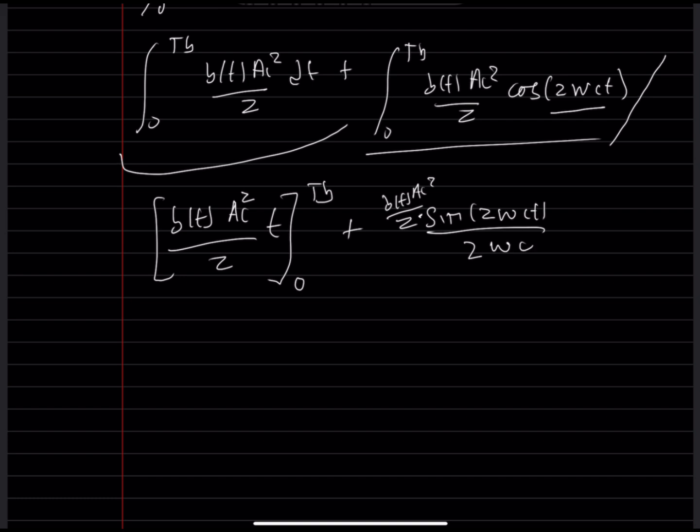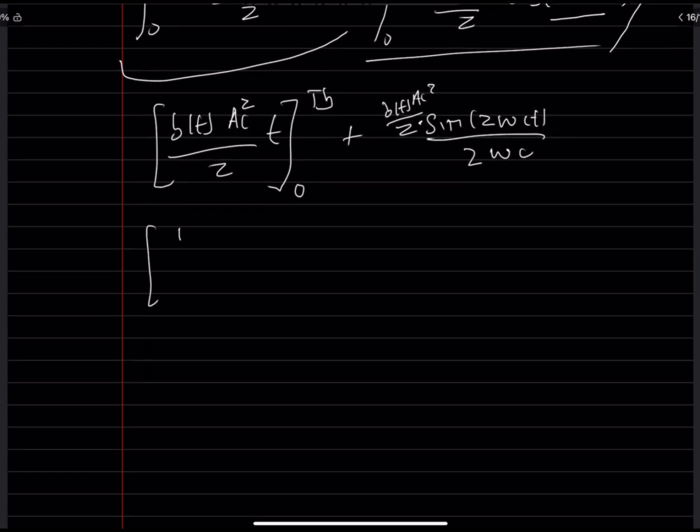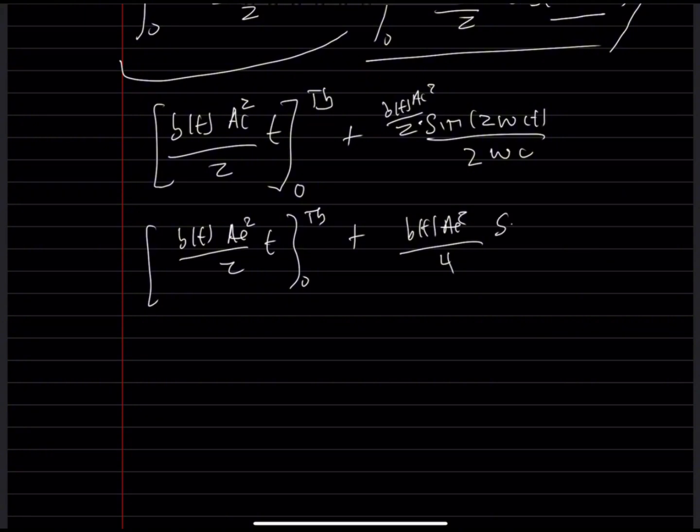When we multiply this, we get B of t A_c squared over 2 t from 0 to T_b plus B of t A_c squared over 4 sine 2 omega_c t over omega_c. And this one too, the limit is from 0 to T_b.